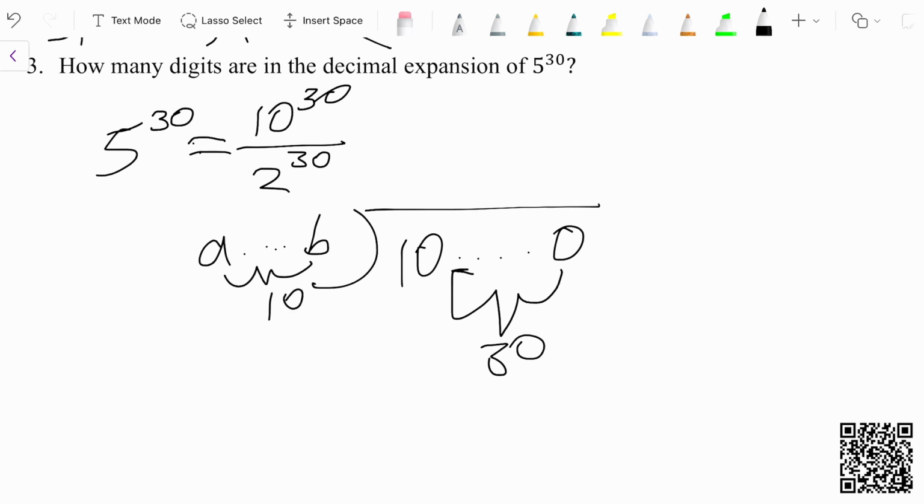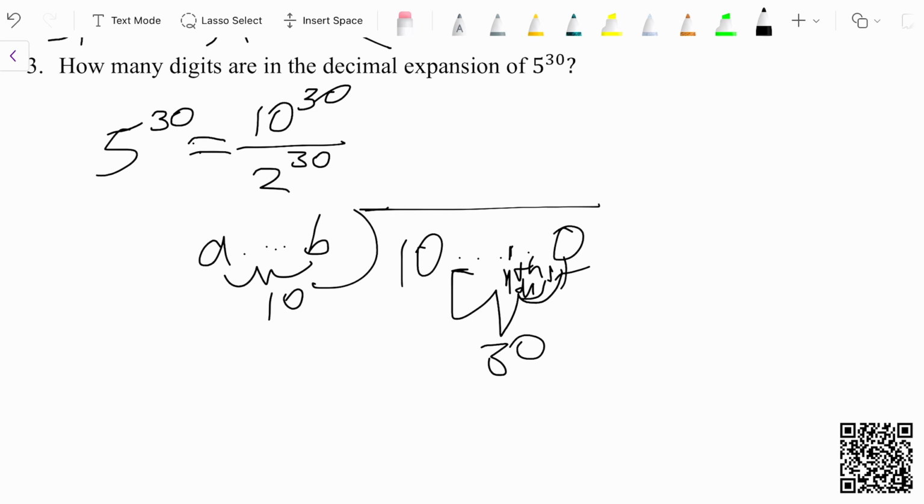When we're trying to divide a number, since it's greater than 10 to the power of 9, it's going to start at the 11th digit of our humongous 10 to the power of 30th, because for the front ones, we're not going to divide a 10-digit number into a 9-digit number, right?